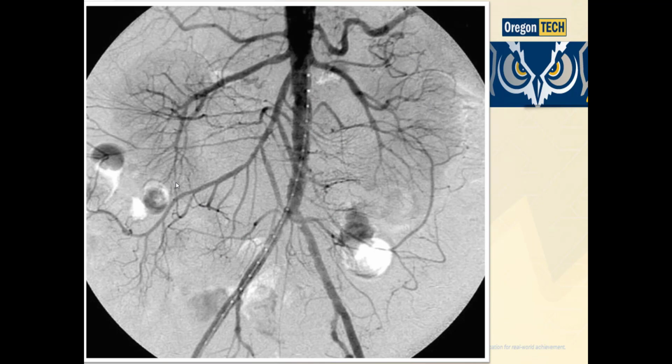So let's take a look at a few more vessels coming off of the abdominal aorta. Coming off just inferior to the celiac trunk, we have the superior mesenteric artery, or SMA. Comes right down here like so. Here are the renal arteries.